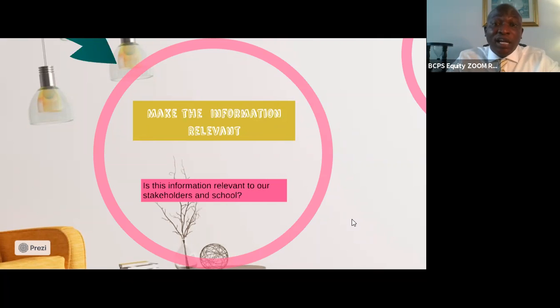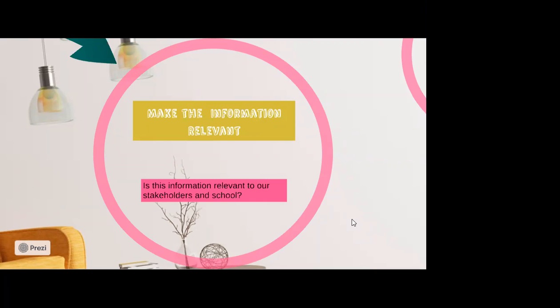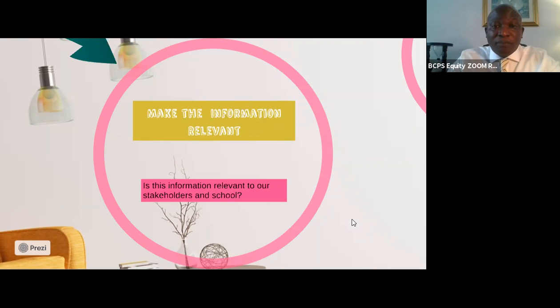Ask the question, is the information relevant to our stakeholders and our school? Okay? Because now that forces you to look at information that's coming in and be selective on what information you put on your website.